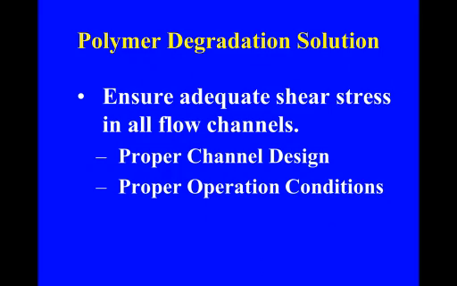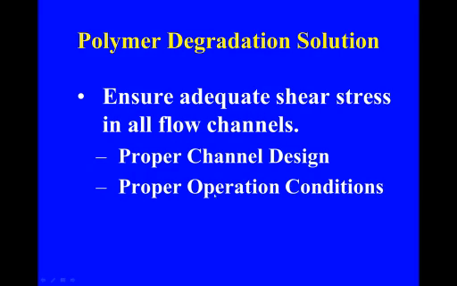So for polymer degradation, one of the main parameters that we need to address is the shear stress on the walls, and this has to be adequate to avoid stagnation of the material and degradation. This means proper channel design and sizing and also proper operating conditions.